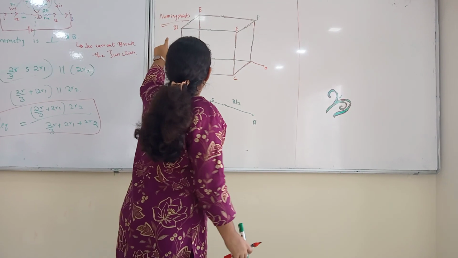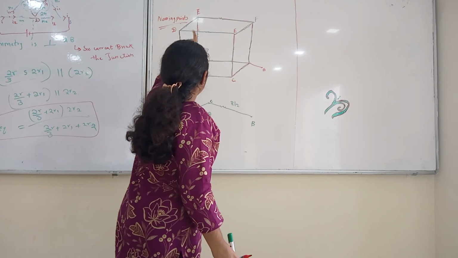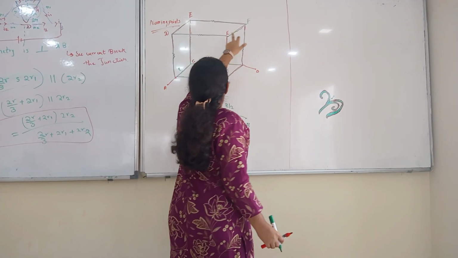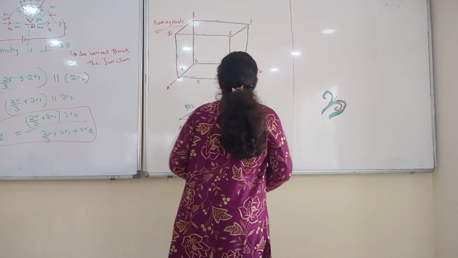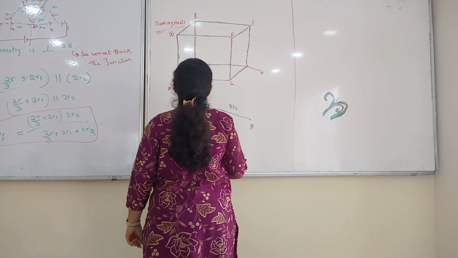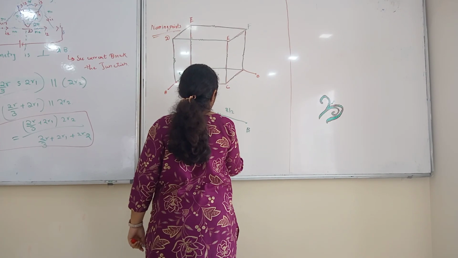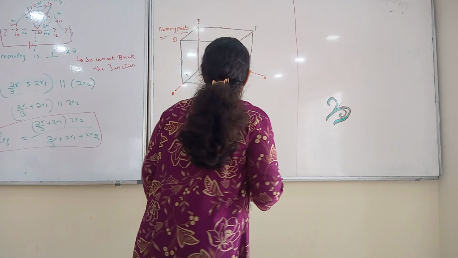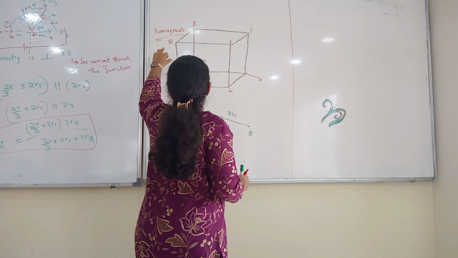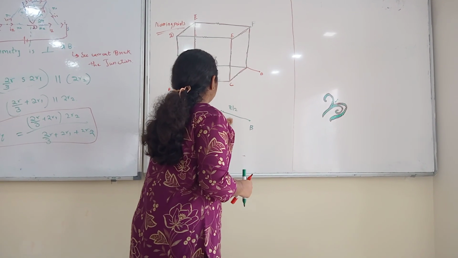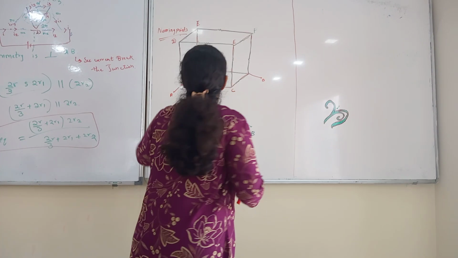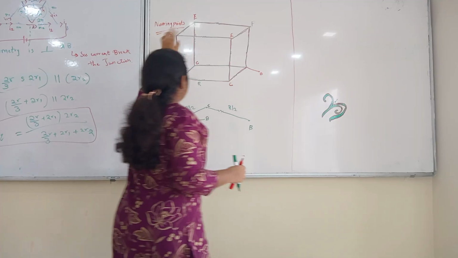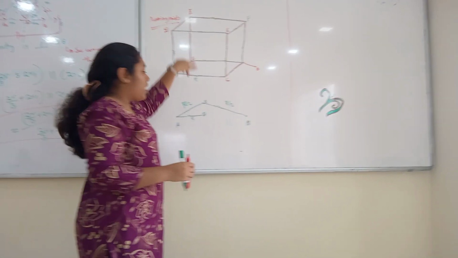Then D or E. Let's make a point E. DE in parallel makes R by 2.